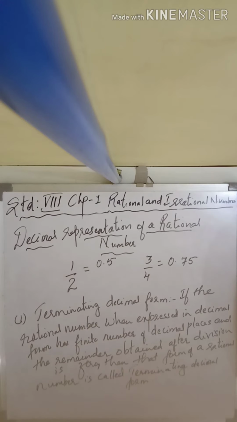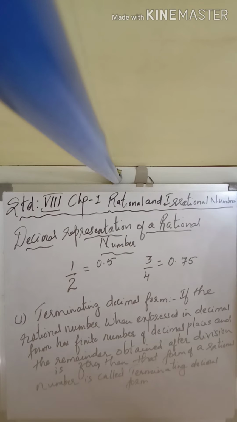So children, write down the definition. What is terminating decimal form? If the rational number when expressed in decimal form has a finite number of decimal places and the remainder obtained after division is 0, then that form of a rational number is called terminating decimal form. Now, what does this finite mean? After the decimal point there can be any number of places we have values, okay.